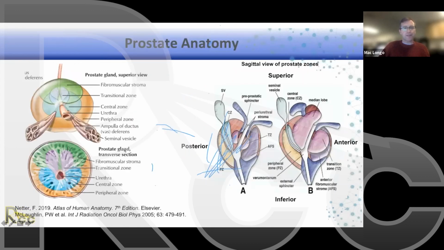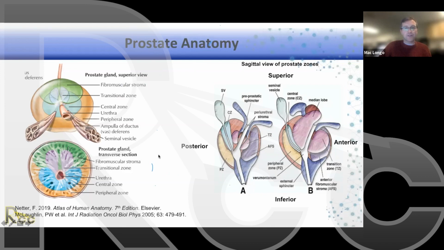Within the prostate itself, there is quite complex anatomy. There are different zones that lie within the prostate that have different functions, but relevant to the work that we do, these zones can impact the shape and extension of the prostate.